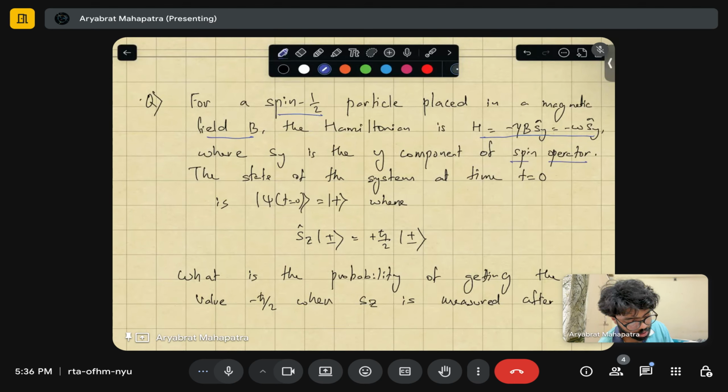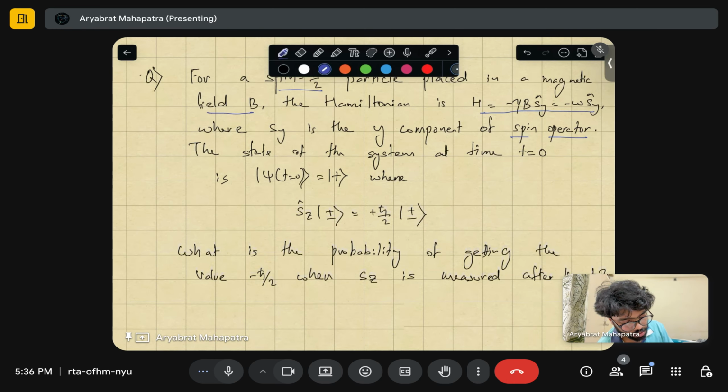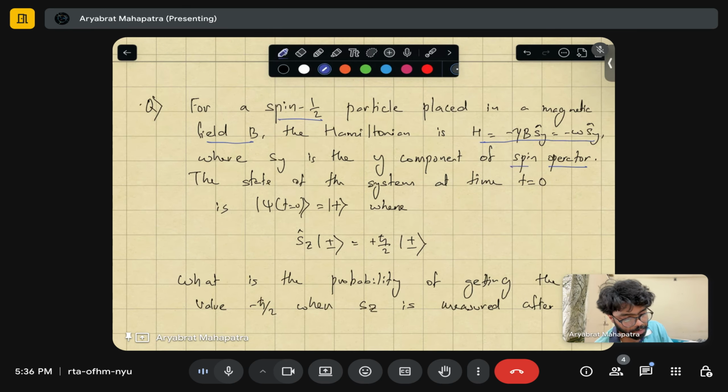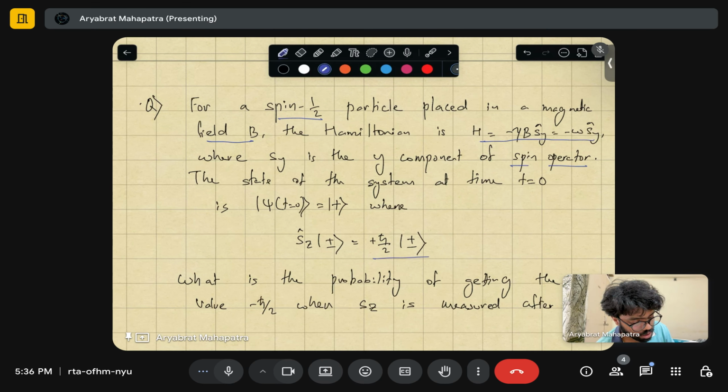At t equals 0, initially, when you measured the z component of the spin on the state, you found that it is plus h bar by 2 or either minus h bar by 2.